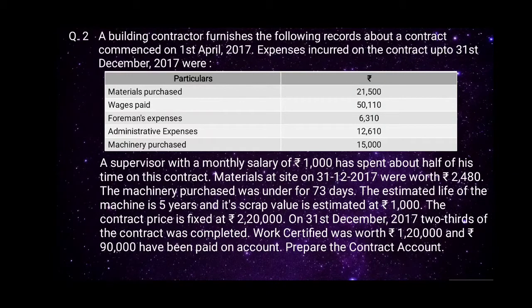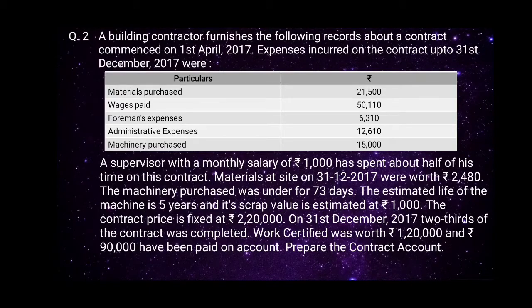A building contractor furnishes the following records about a contract commenced on 1st April 2017. Expenses incurred on the contract up to 31st December 2017 were given in the following table. A supervisor with a monthly salary of rupees 1000 has spent about half of his time on this contract.